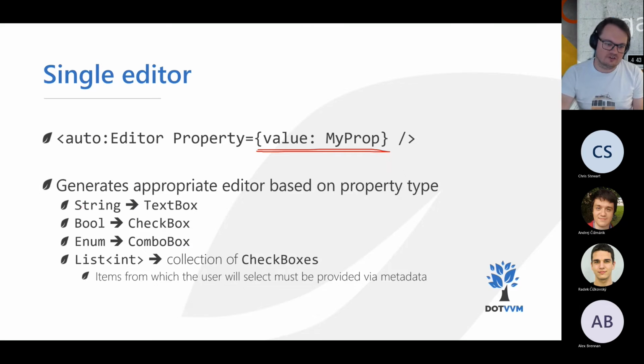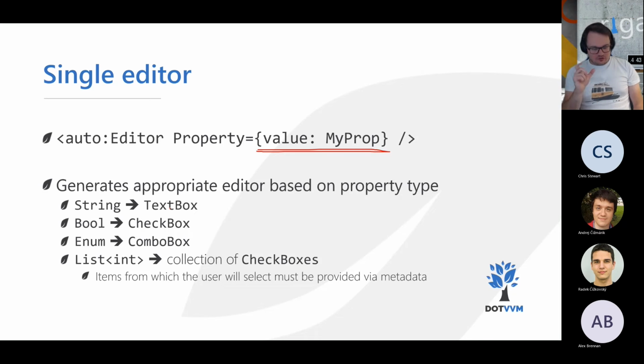So for example, if it's a string, we will use a text box. If it's a Boolean, we will use a checkbox. If it's an enum, that's very nice because previous Dynamic Data couldn't, and now Auto UI can just infer a combo box with the values for each individual enum item. So it's also quite nice.